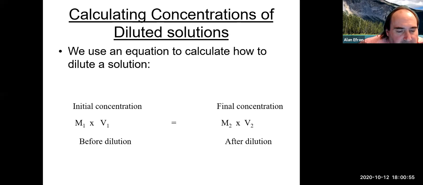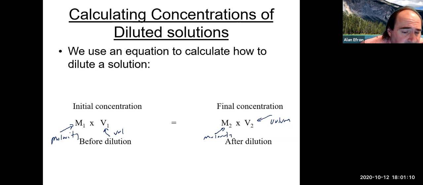M1 is the molarity and V1 is the volume, and M2 is the molarity and V2 is the volume. So this is like before and after the dilution. Usually this is the more concentrated guy, doesn't always have to be, but usually M2 is the less concentrated one when it's all said and done.